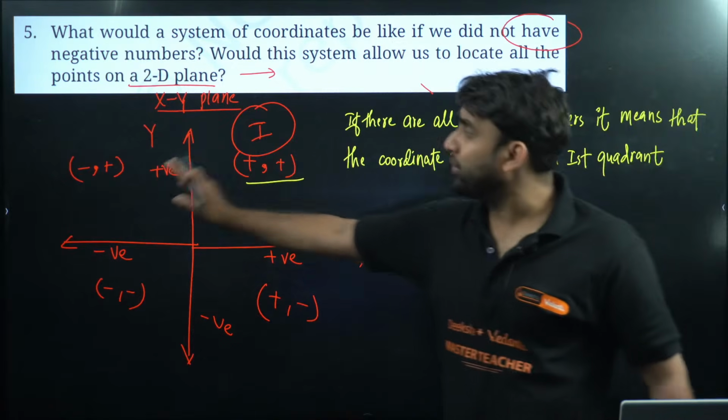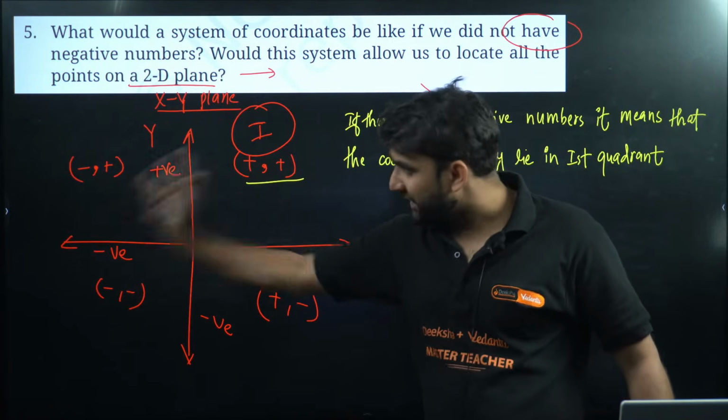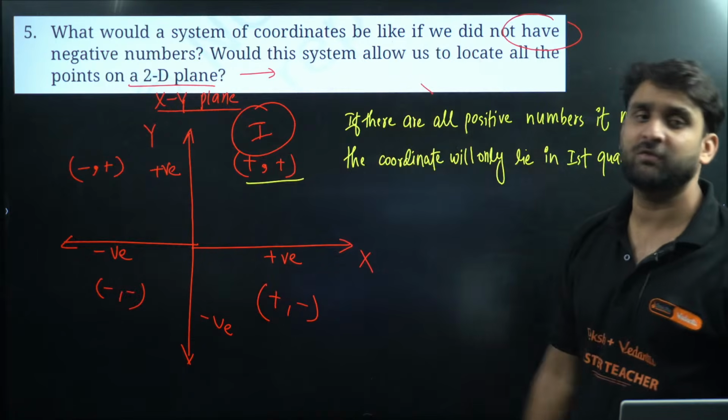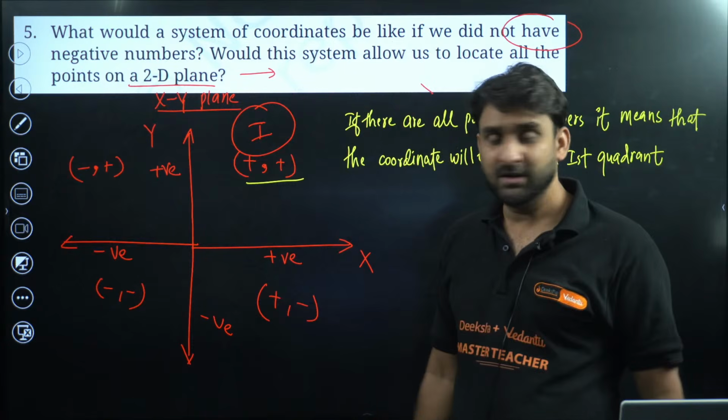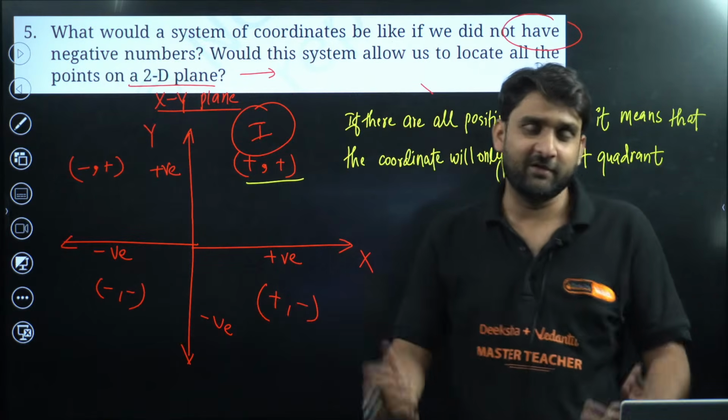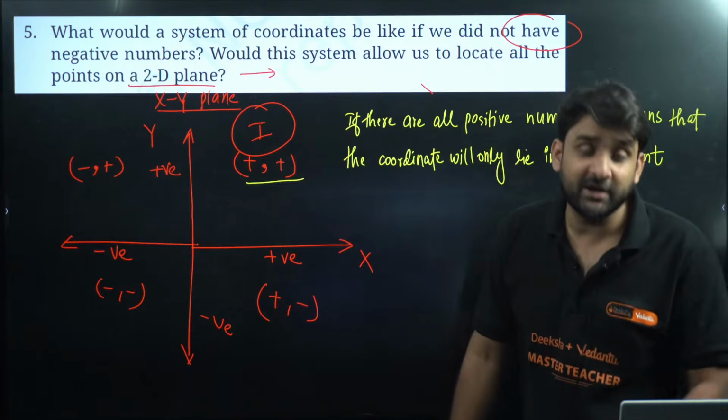The points cannot go in second quadrant, the points cannot go in third quadrant, the points cannot go in fourth quadrant, because in second quadrant x is negative, one value is negative. In third quadrant everything is negative. In fourth quadrant y is negative, right?